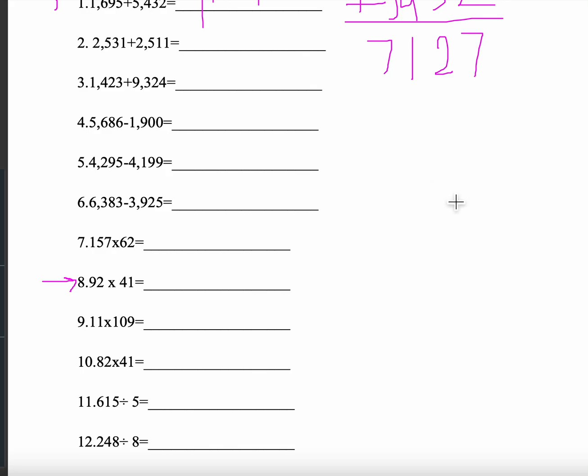And then we can try number 8, which is 92 times 14, or not 14, 41. So we have 2 times 1, which is 2, 9 times 1, which is 9, and we have to add our placeholder 0. Then we have 2 times 4, which is 8, and 9 times 4, which is 36.